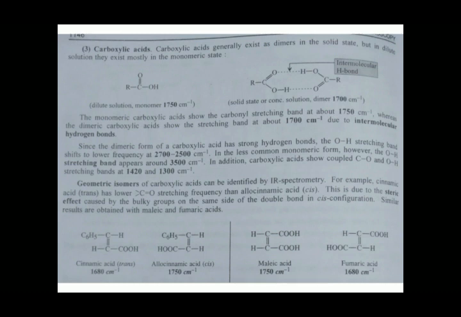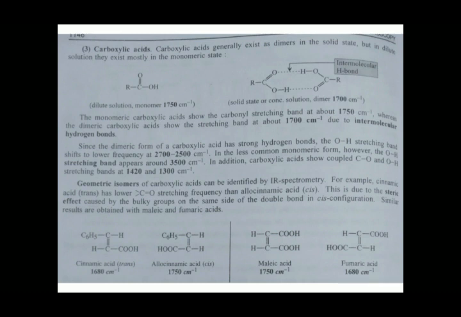The OH stretching band shifts to lower frequency at 2700 to 2500 cm inverse. In the monomeric form, however, the OH stretching band appears around 3500 cm inverse. Carboxylic acids also show coupled C-O and OH bands at 1420 and 1300 cm inverse.